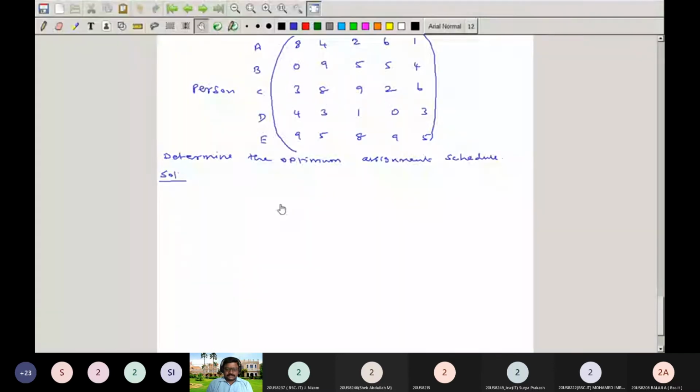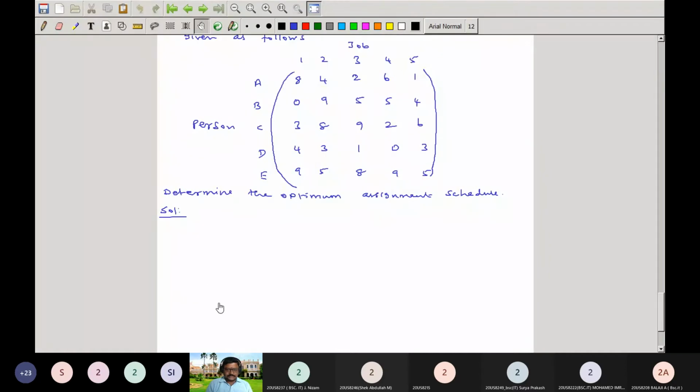First step: check whether the given problem is balanced or unbalanced. Number of rows: row 1, row 2, row 3, row 4, row 5. Number of columns: column 1, column 2, column 3, column 4, column 5.